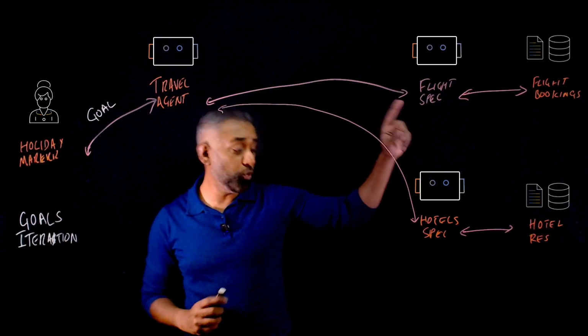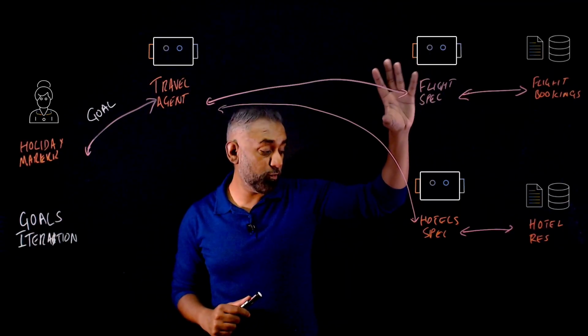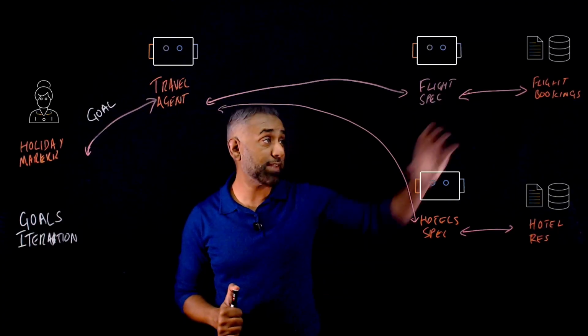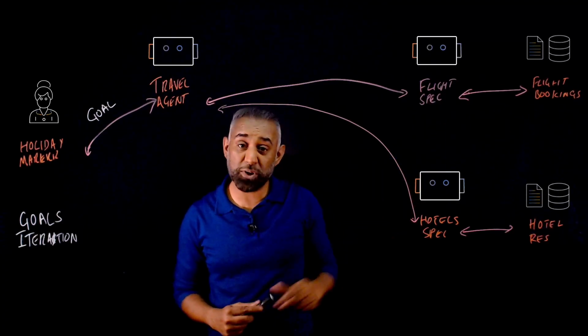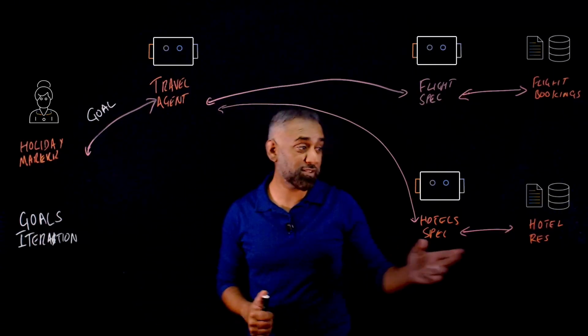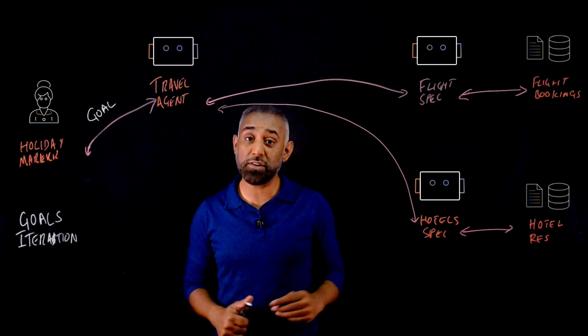So you can see here that our AI agent from a flight specialist perspective is accessing an external system, flight bookings. And our AI hotel specialist is accessing hotel reservations. And that could be an external system, it could be an internal system.